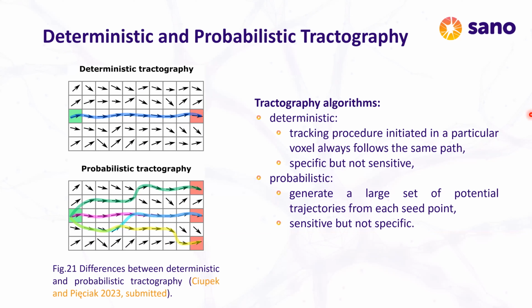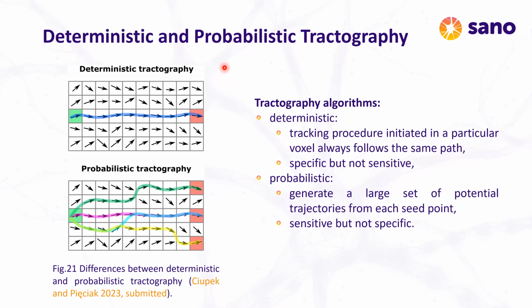Depending on the method of choosing the orientation, two main types of tractography algorithms can be distinguished: deterministic and probabilistic. The deterministic algorithms follow the estimated local orientations step by step until a certain termination criterion is met. The tracking procedure initiated in a particular voxel always follows the same path.